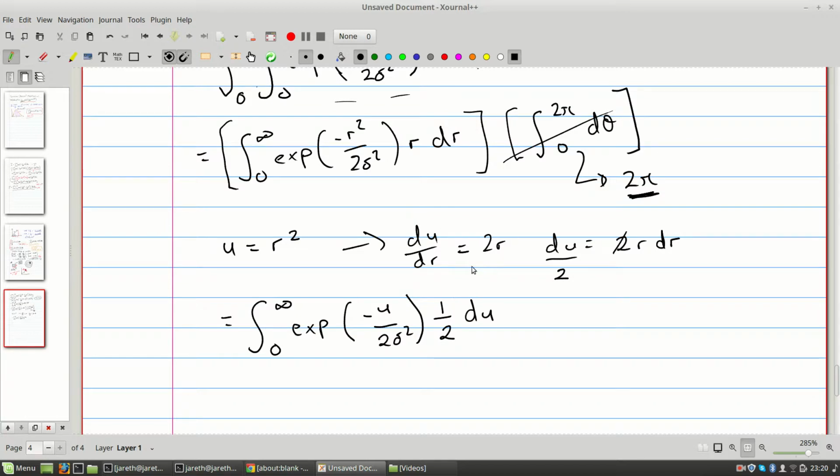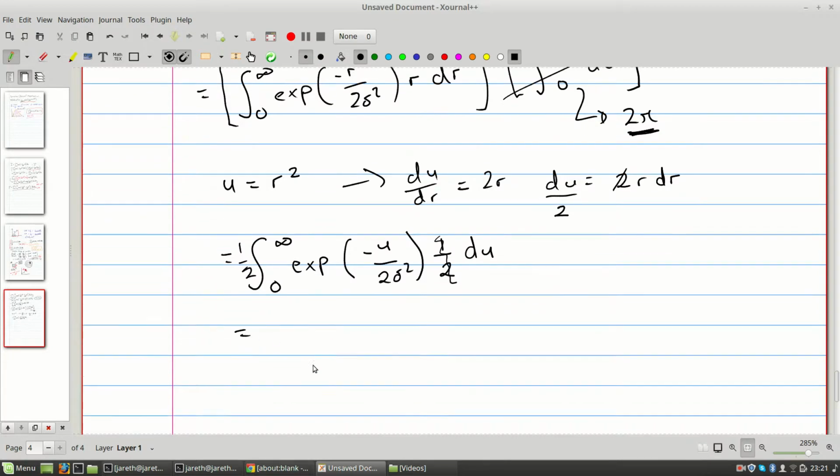And then now that we've done that, the next logical step, of course, is to evaluate this integral, to actually compute this integral. So we can take this 1 over 2 out, right? So we can take this one and have it come out here.